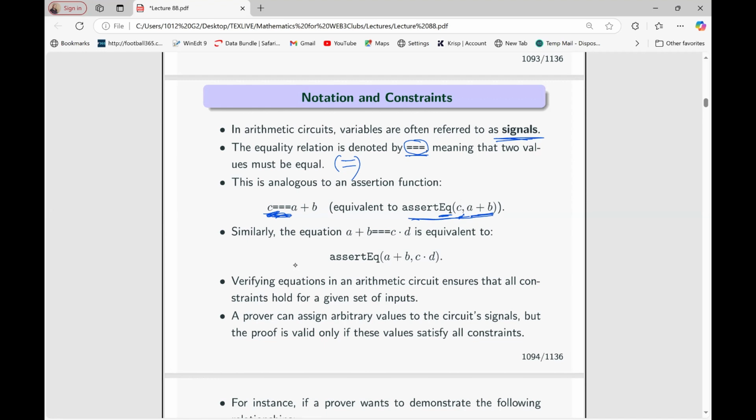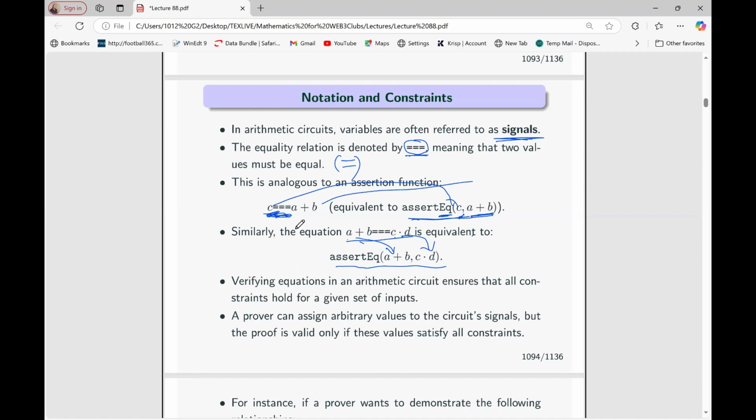Similarly, if I wanted to write that the sum of A and B equals the product of C and D, I can write it this way, or you may also want to write it this way. Whatever is on the left side is here, and whatever is on the right side is here. The same thing here, whatever was on the left side is on the left, and whatever was on the right side is on the right.